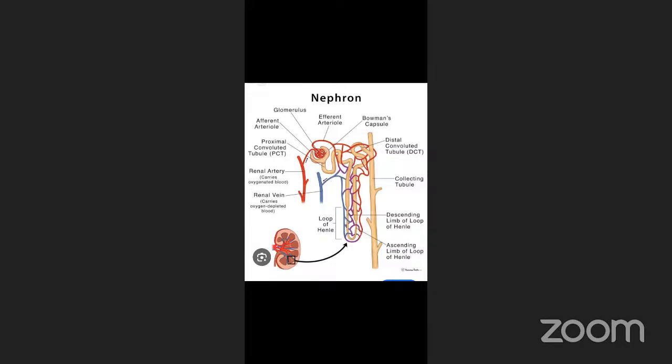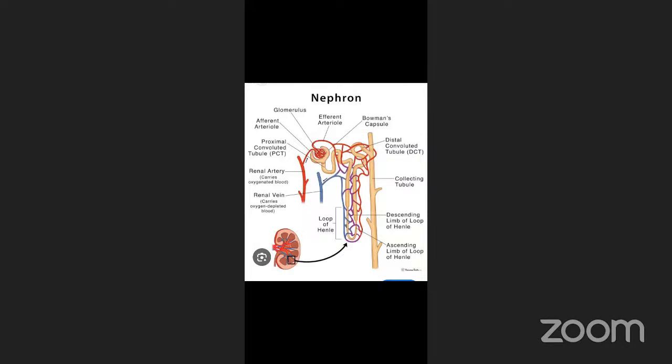Aldosterone hormone is usually produced when the osmotic pressure of the body is low. When the osmotic pressure of the body is low, it means that the body fluids have more water and less salts. More water, less salts. Dilute.